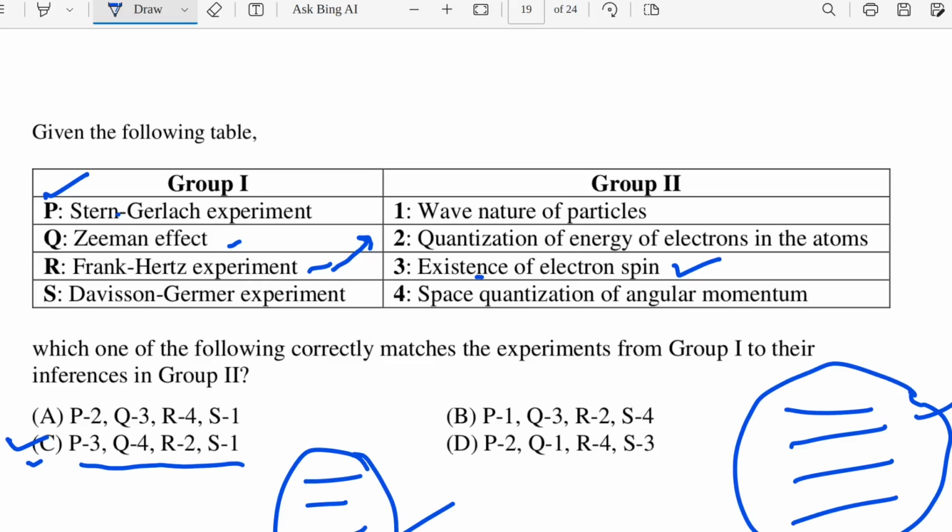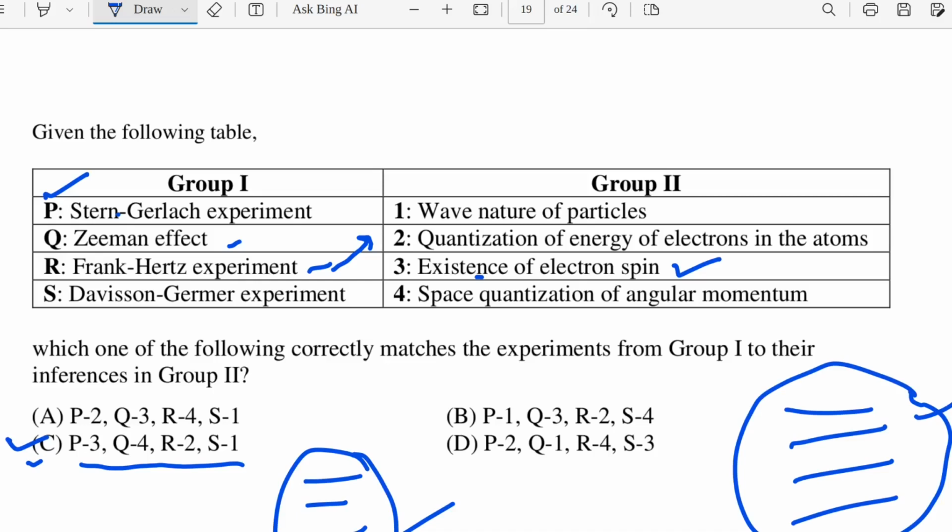Now coming to the Davisson-Germer experiment. What is the Davisson-Germer experiment? If you remember correctly, the Davisson-Germer experiment is giving the proof of de Broglie theory. So what is the de Broglie theory? The de Broglie theory means the wave nature of particles, like a particle can have duality. I mean the wave nature will also be there, and the particle nature will also be there.